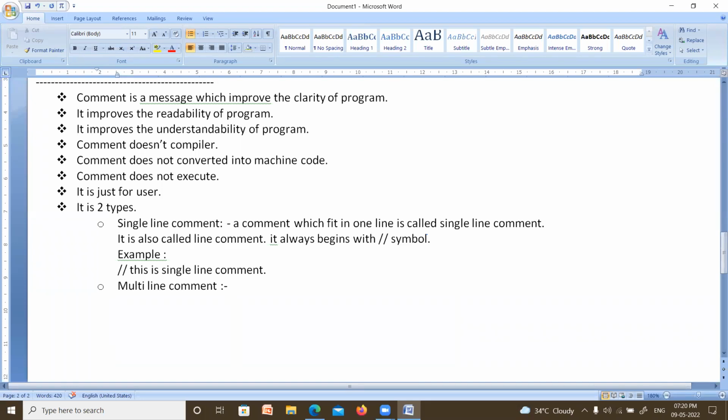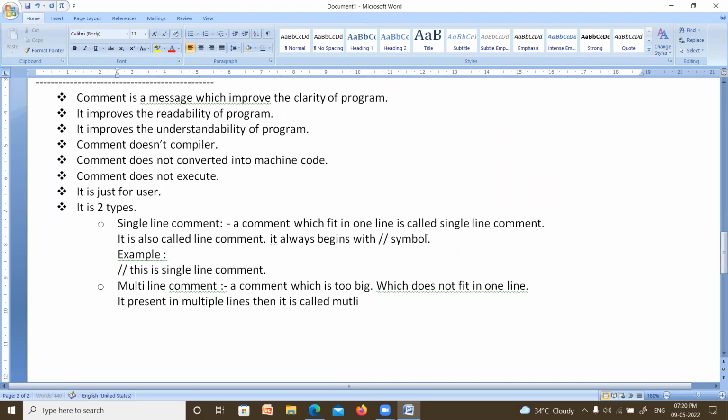A comment which is too big, which does not fit in one line and is present in multiple lines, is called a multi-line comment. It is also called a block comment.